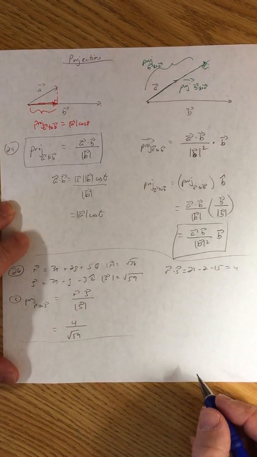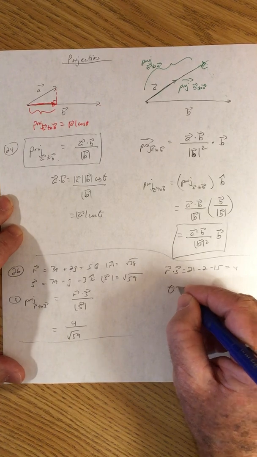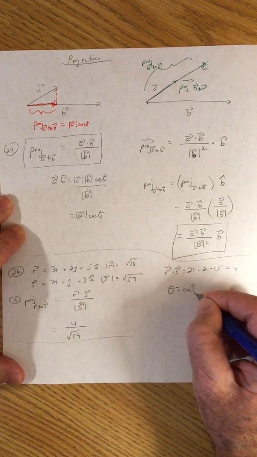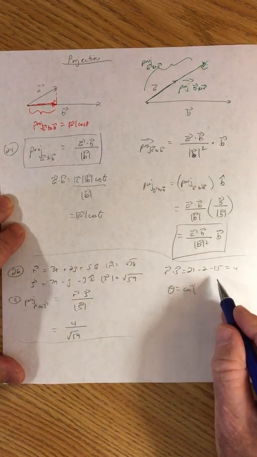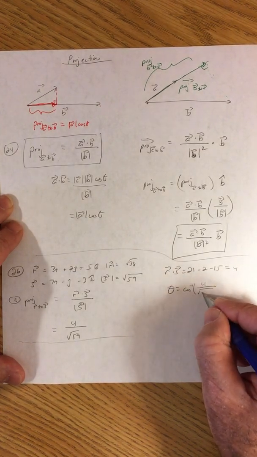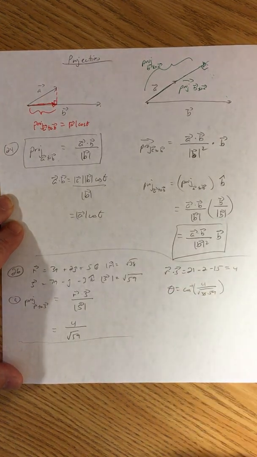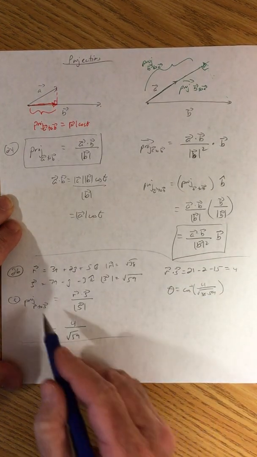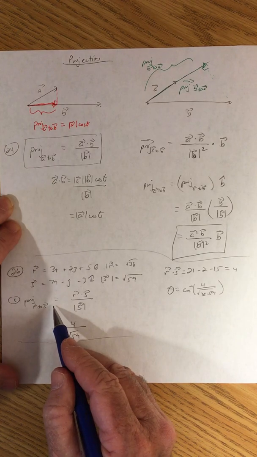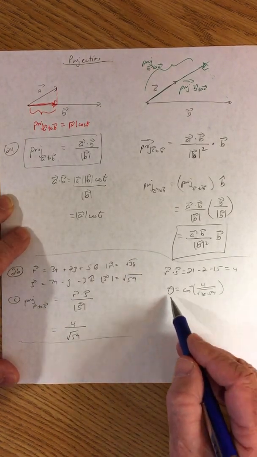I could then find the angle between them, inverse cosine of the dot product, 4 over the square root of 38 times 59. Now, this amount is equal to this magnitude multiplied by that cosine.